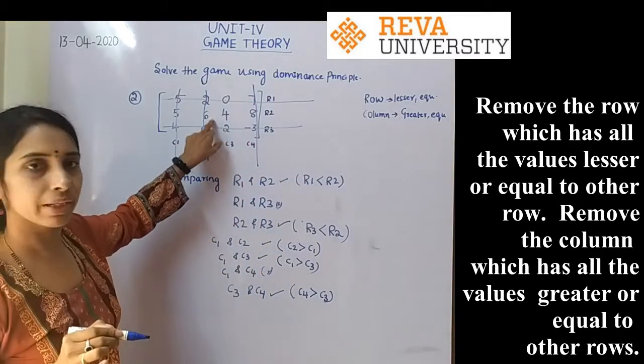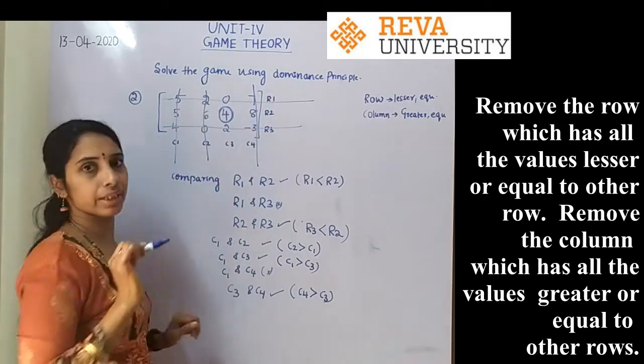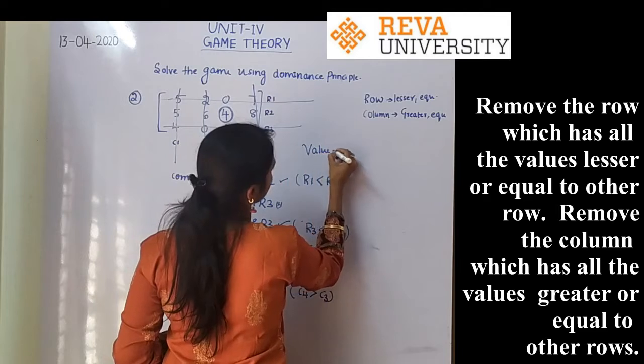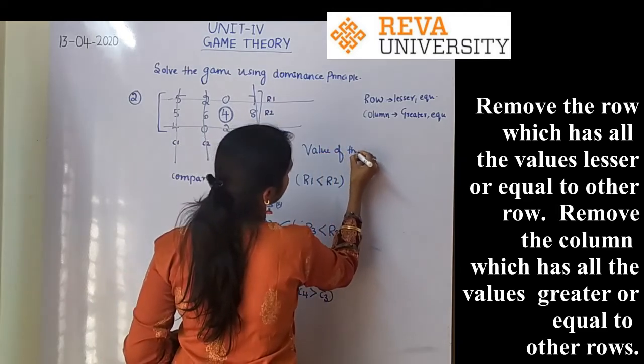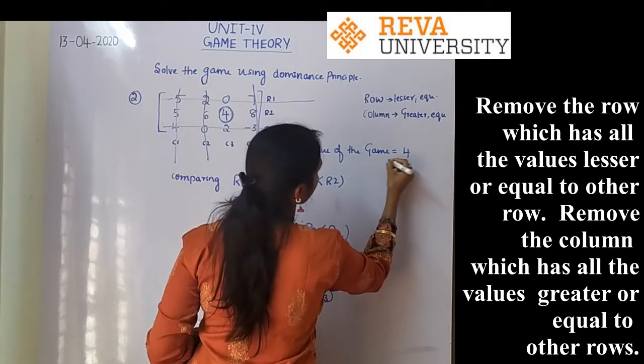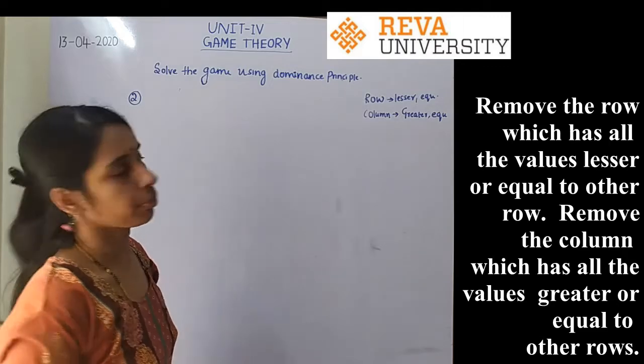Which is remaining now? 4. Only this is remaining, so the value of the game is equal to 4. Is it clear? Let us solve one more problem.